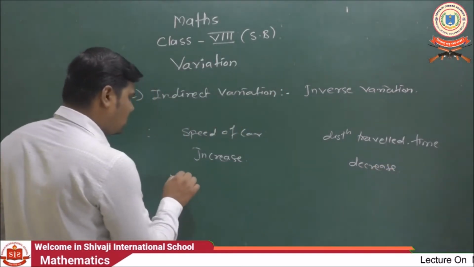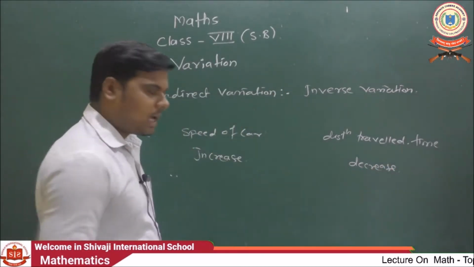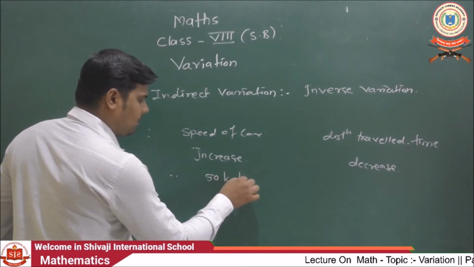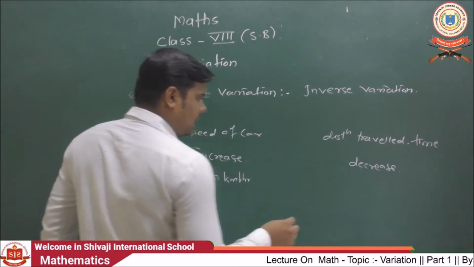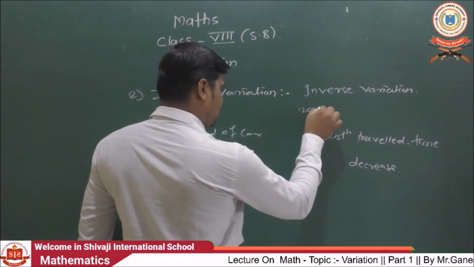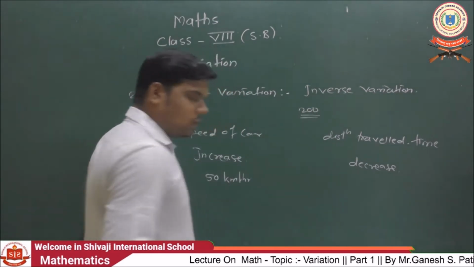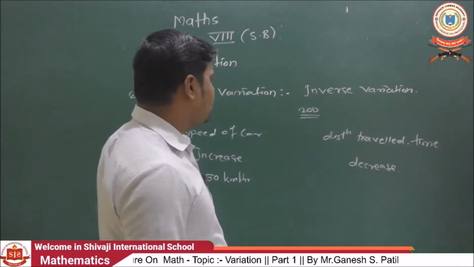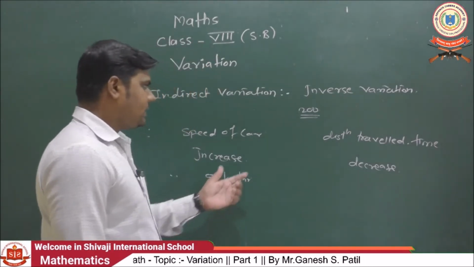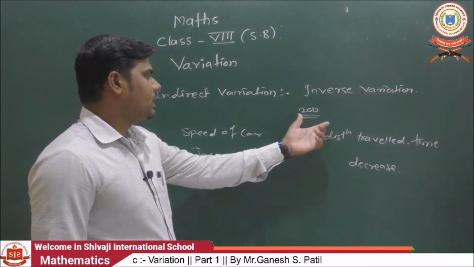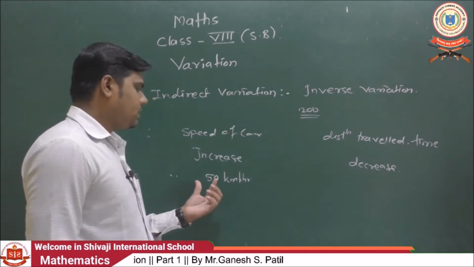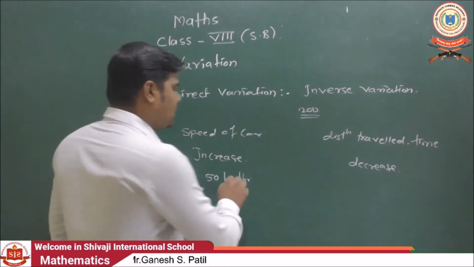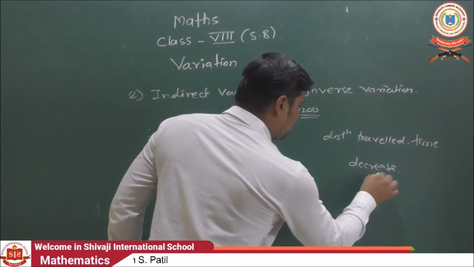Suppose the speed of your car is 50 kilometer per hour and the distance is 200 kilometer. So what is the time taken by the car to travel the distance of 200 kilometer? If the speed of car is 50 kilometer per hour, then this is 4 hours.